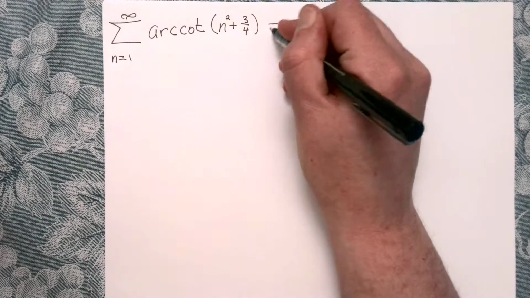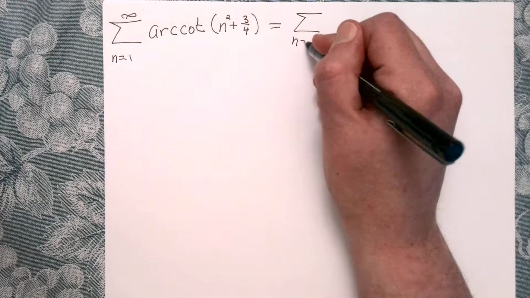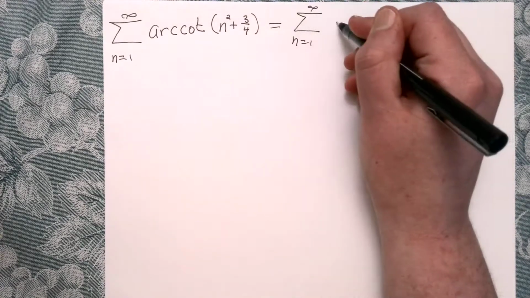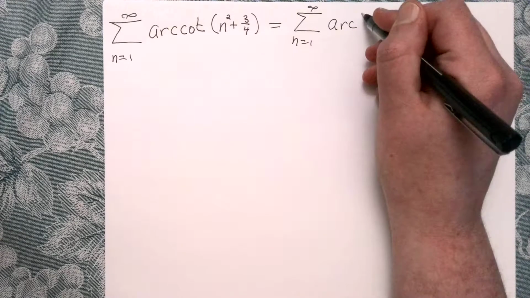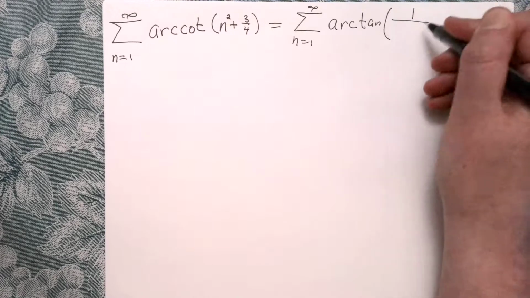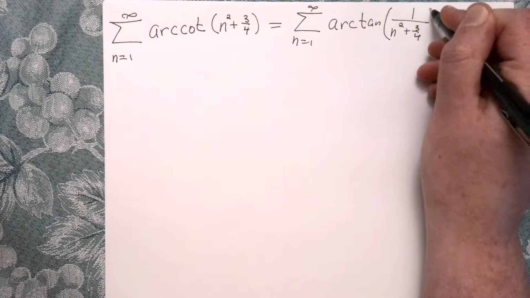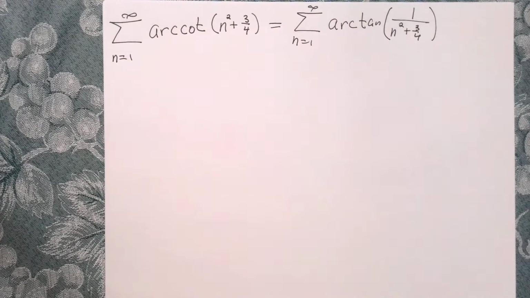Okay, so by property 2, we've got the following. So this is the series from n equals 1 to infinity of the arctangent of 1 over n squared plus 3/4. So that seems pretty nice.